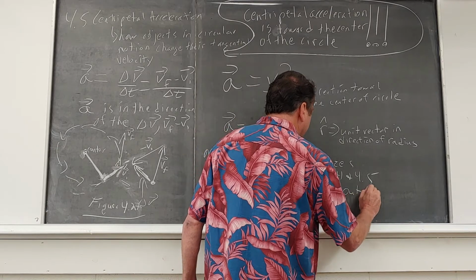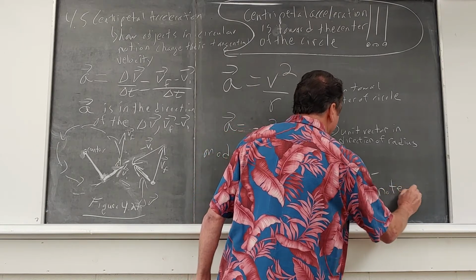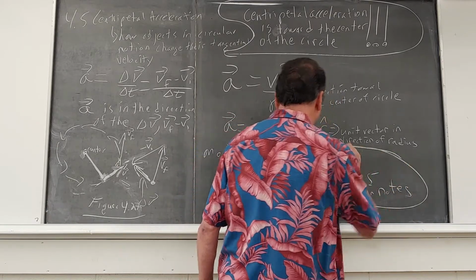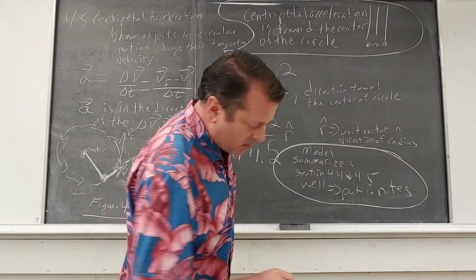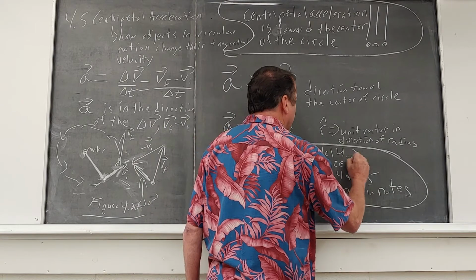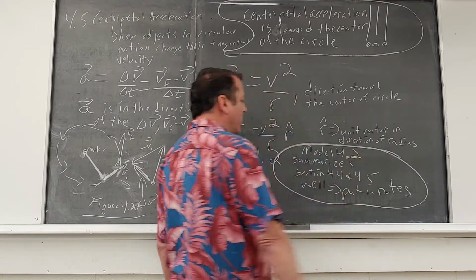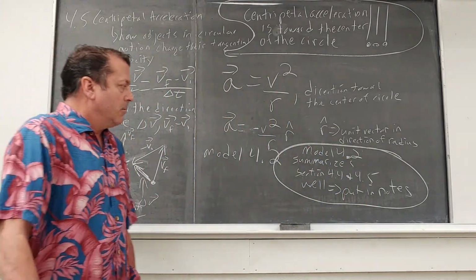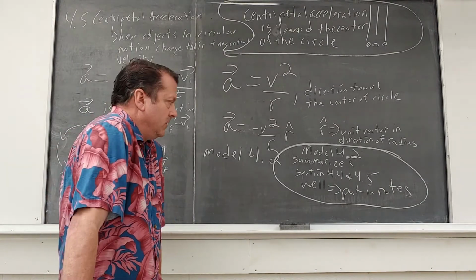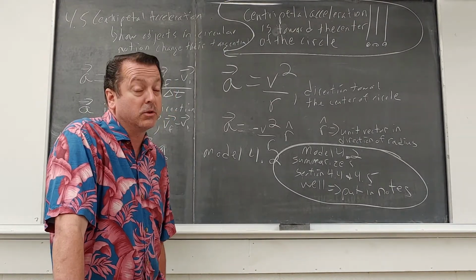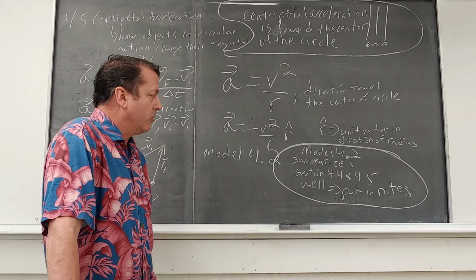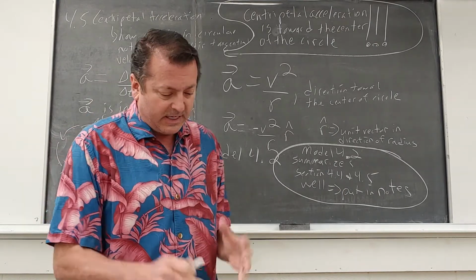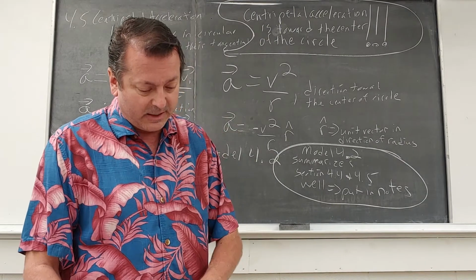Put it in your notes. Model 4.2. Put that in your notes. I can put it on the board just as easy as you can write it down and put it in your notes. So it behooves you to go through and write it down and get the gist, get what that is saying.